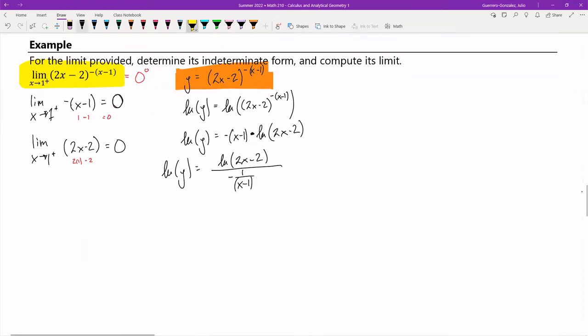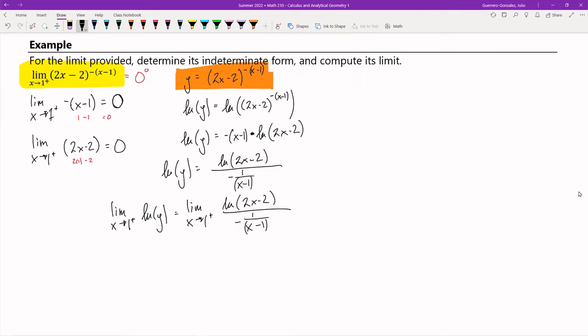So what we're going to do is we're going to try to find the limit as x approaches 1 from the positives of the ln of y, which is equal to the limit as x approaches 1 from the positives of this thing up above, right? The ln of 2x minus 2 all over negative 1 over x minus 1, okay?